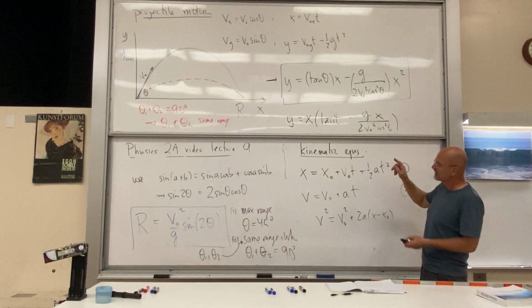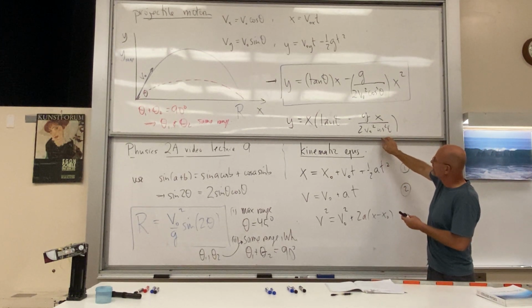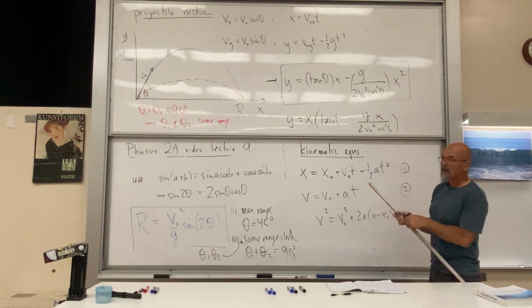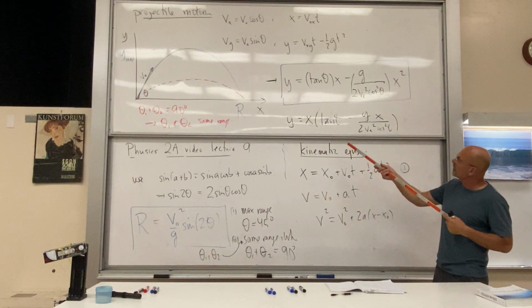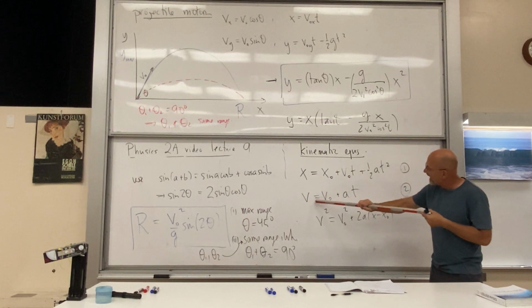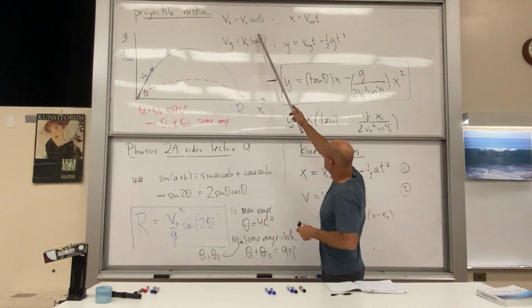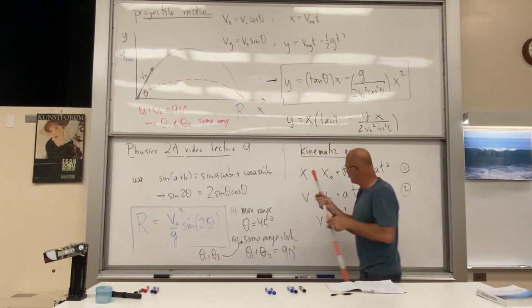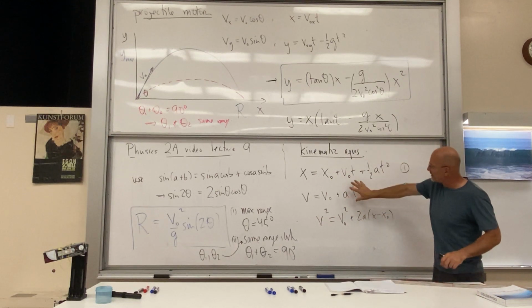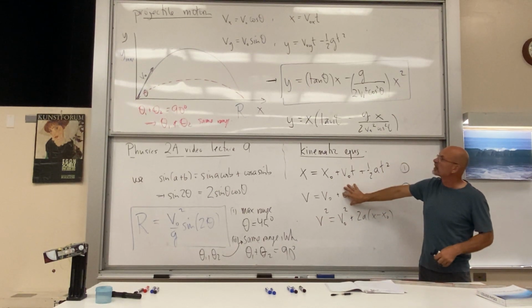Good, I caught something up there. You guys can make the correction. Caught my mistake. So watch this. Now for the velocities, I said v sub x was v0x, which was v0 cos theta, and I had no acceleration in the x direction.